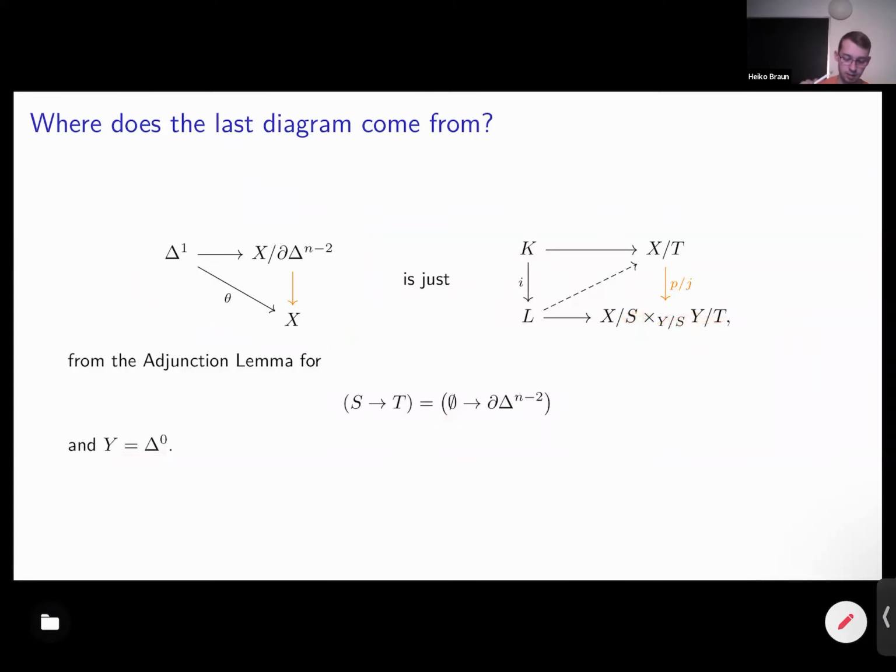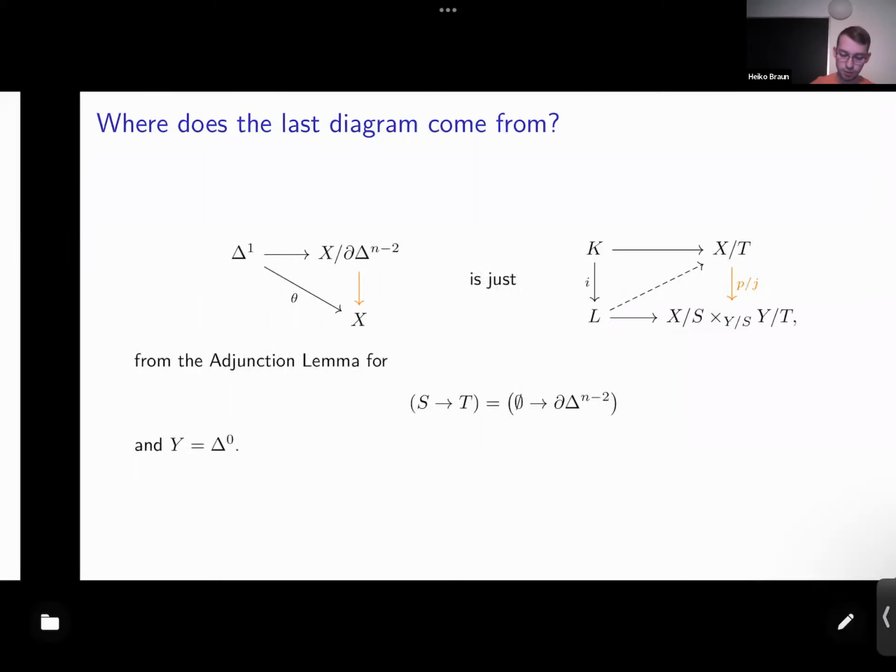I meant that y is terminal and s is initial, and then the slice with s being the empty simplicial set will be just x, and then we get this diagram. And again, everything reduces to essentially proving that in general those p slice j maps are right fibrations. So we want to prove that they are right fibrations.